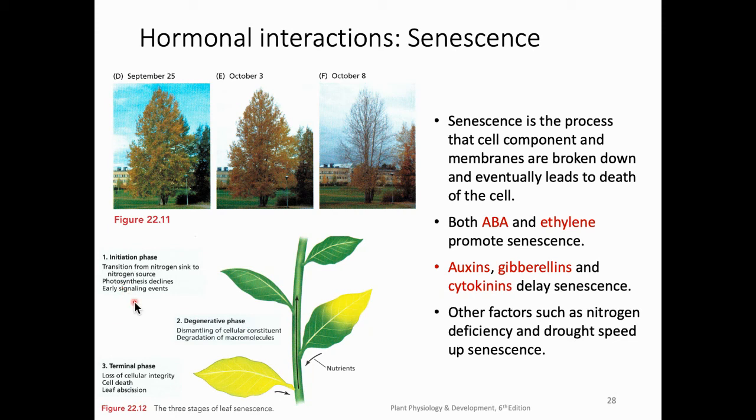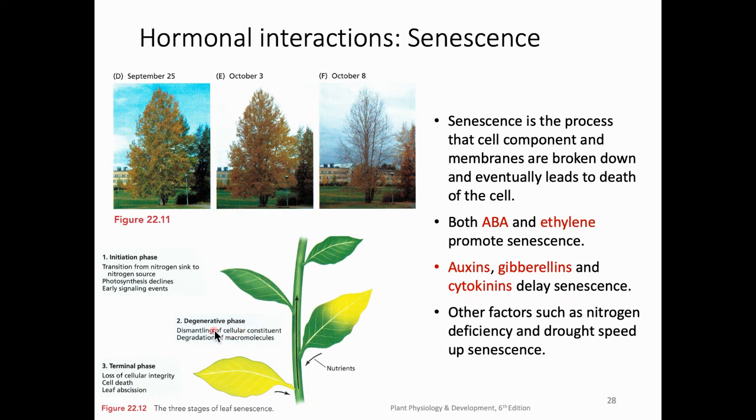The initiation phase is the transition of the nitrogen sink. The leaf transitions from needing nitrogen, which it used to make chlorophyll, to giving nitrogen, and photosynthesis declines, with early signaling events.